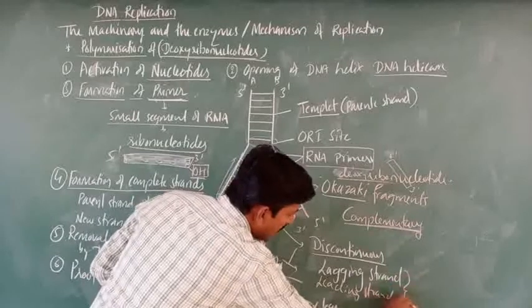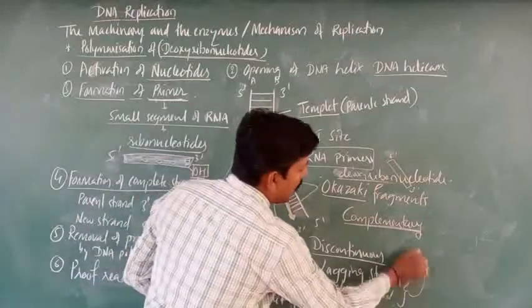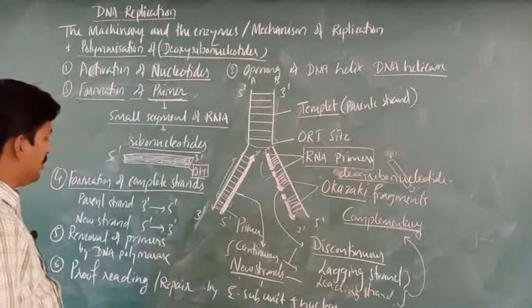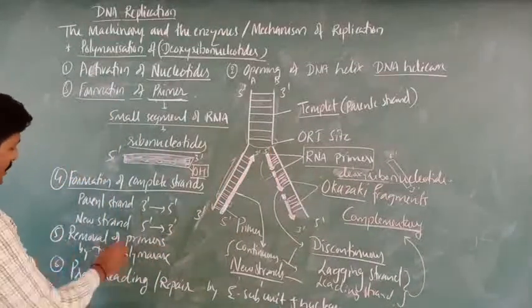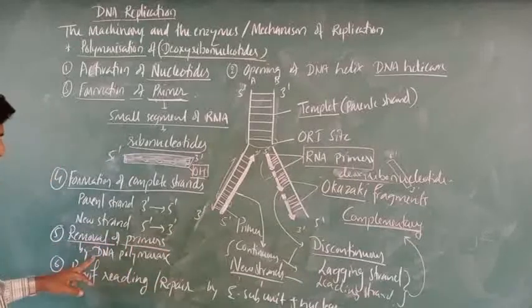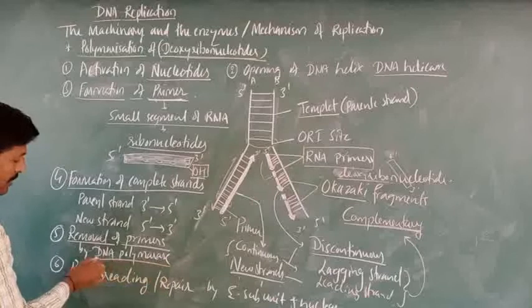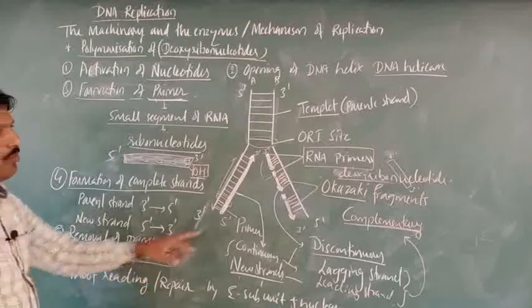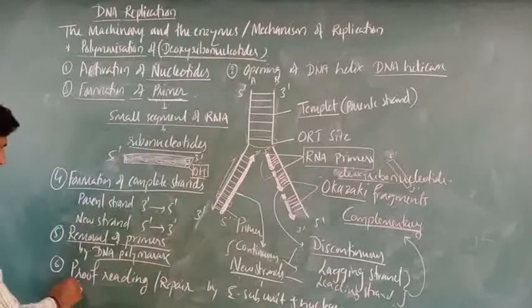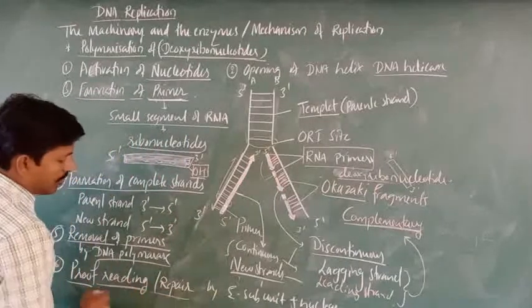So both leading and lagging strands are said to be the complementary, or new, strands, right? So here, as in the fifth step, removal of primers by DNA polymerase, which are replaced with the help of deoxyribonucleotides, as I explained. Next one, the proofreading or repair.